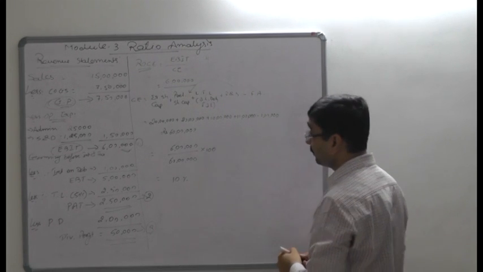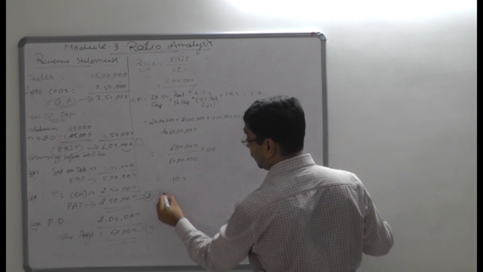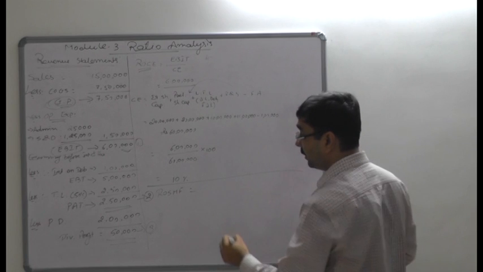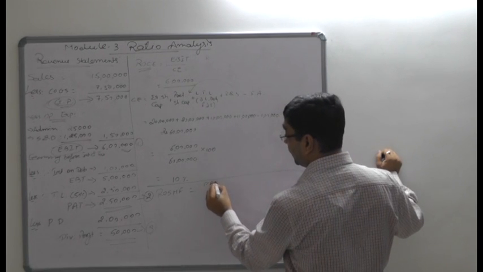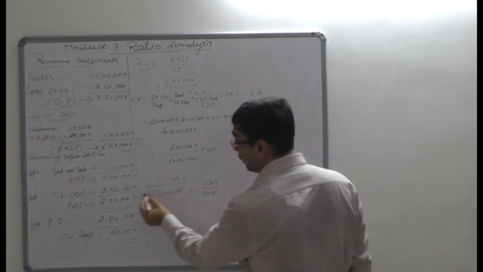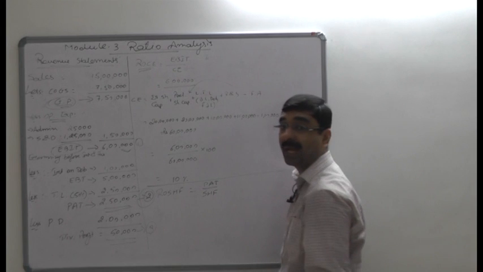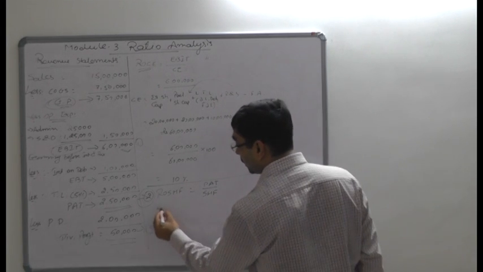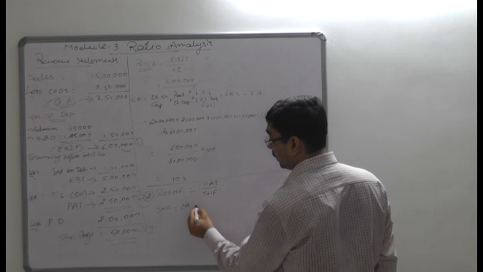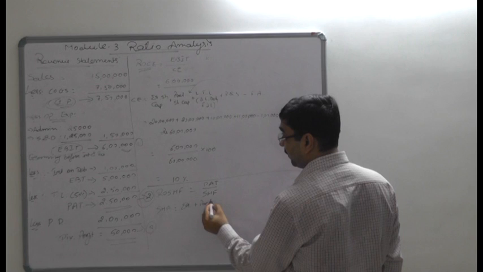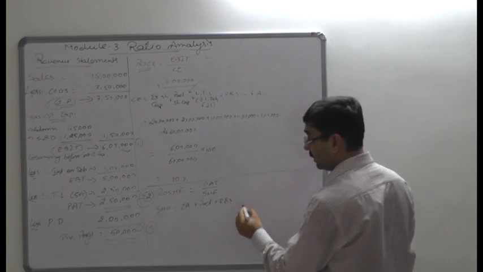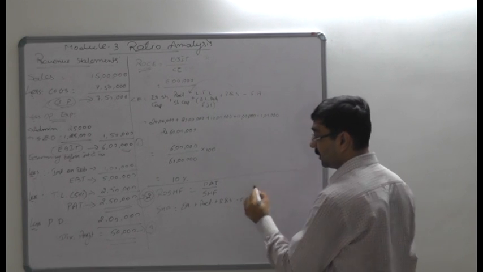Now let's find out the return on shareholders fund. The formula is profit after tax divided by shareholders fund. Profit after tax we already determined, that is 2,50,000 rupees. And the shareholders fund formula, which was already used in many ratios, is equity share capital plus preference share capital plus reserves and surplus, that means retained earnings, and then minus fictitious assets.